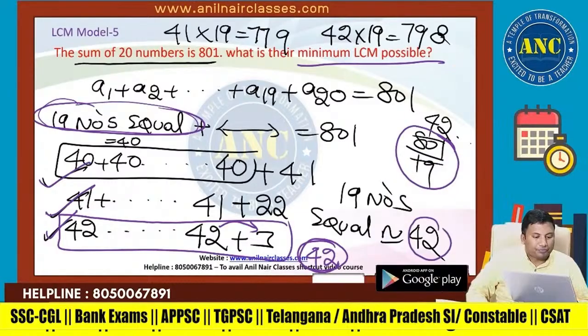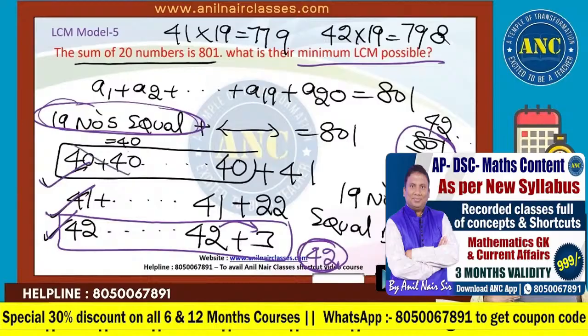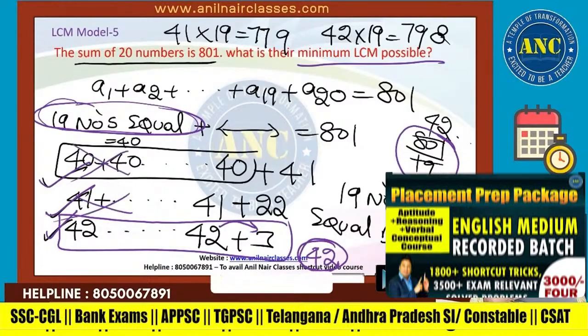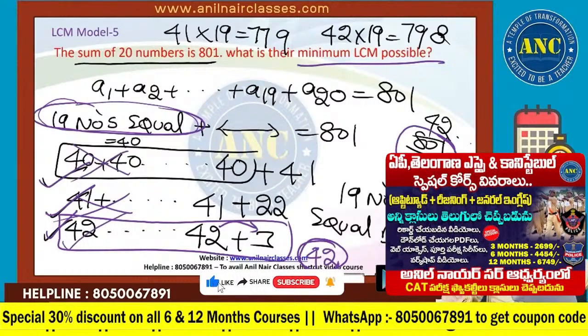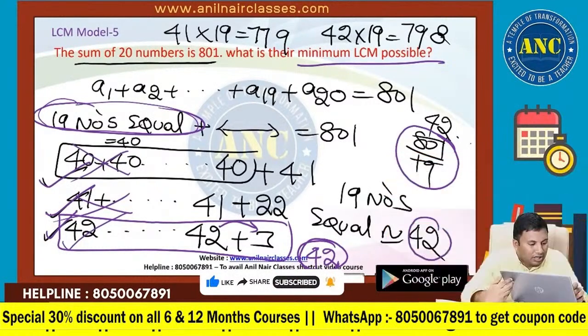You don't need to write all this. If the remaining number is a factor of 42, the LCM will stay 42. Otherwise, the LCM value will keep growing. I hope this logic is clear. Next one.